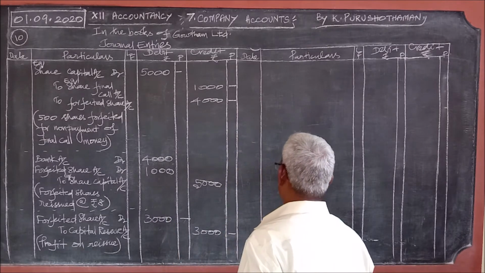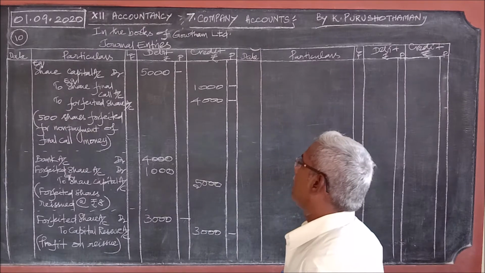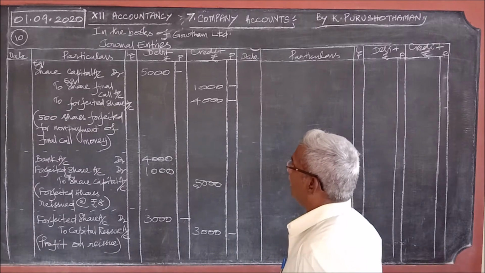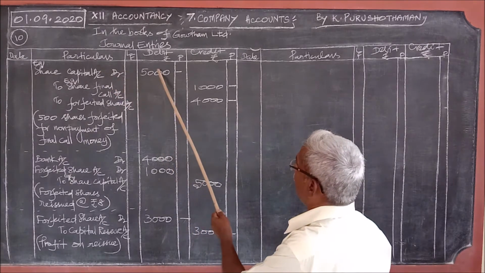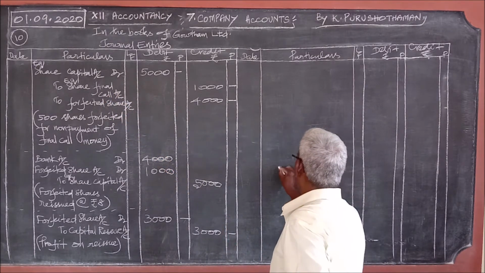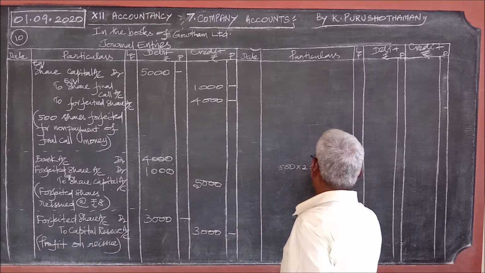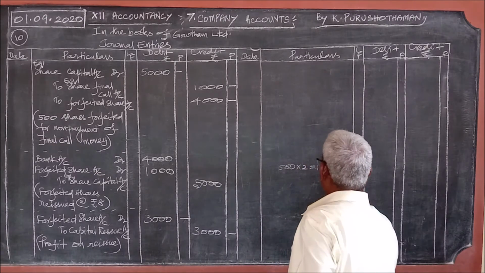But actually what is the meaning of it? 500 shares were forfeited because this amount was not paid.